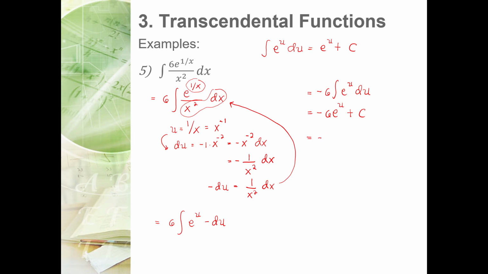So that's negative 6 e raised to 1 over x plus c. So this is the final answer.